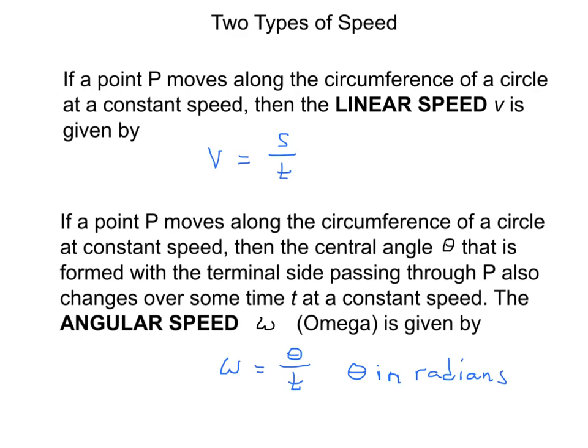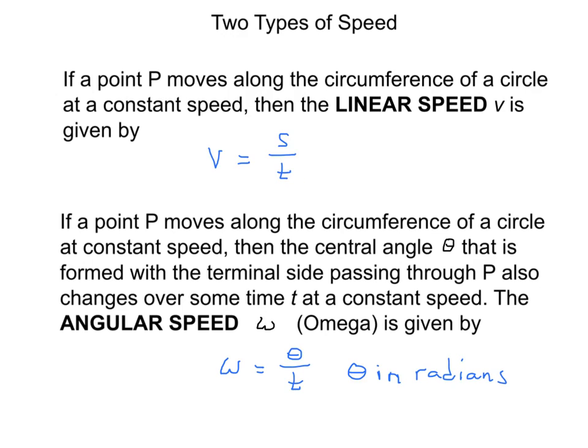What's happening here is that the arc length is how the point has moved along that circle. And every time it goes around, it's covering the circumference. And so that's how we're going to calculate that. S is the distance it's traveled over the amount of time.